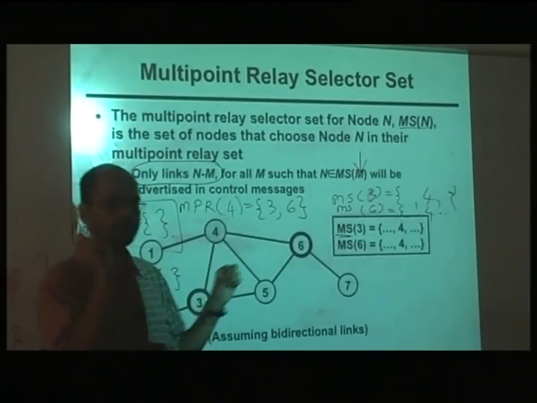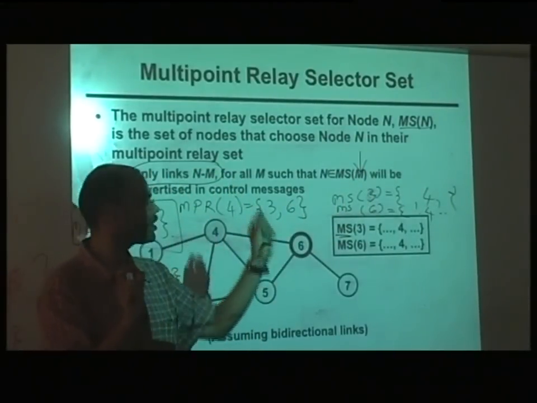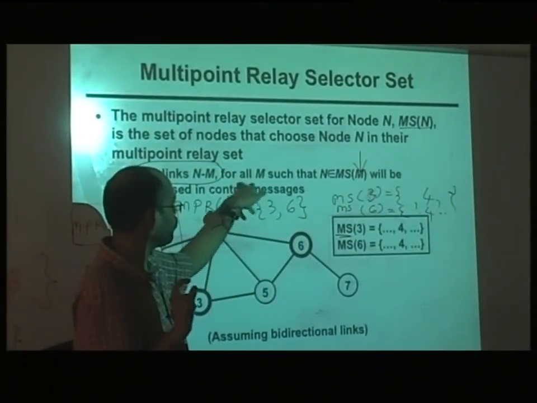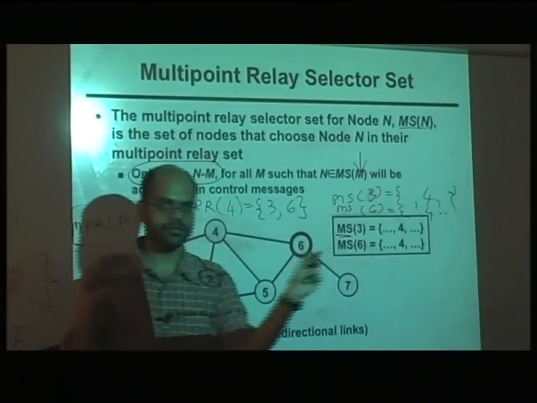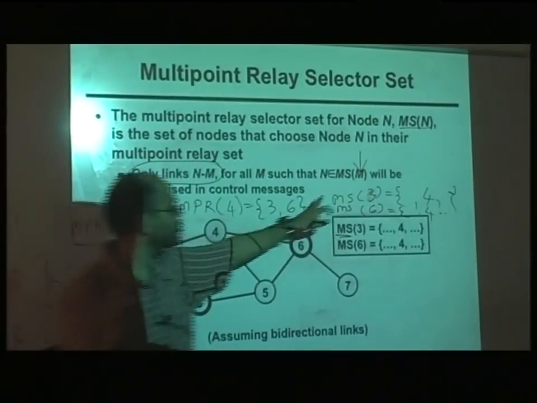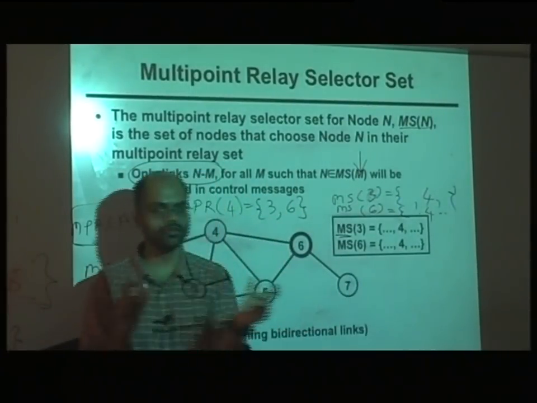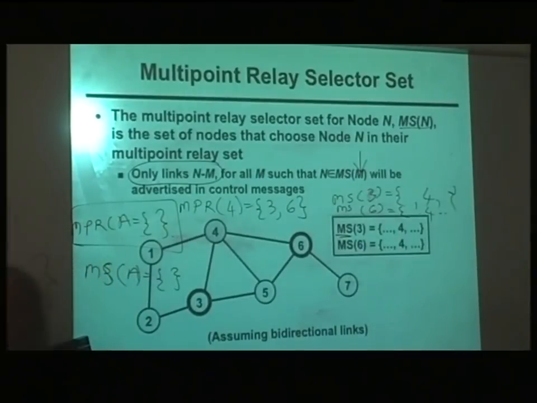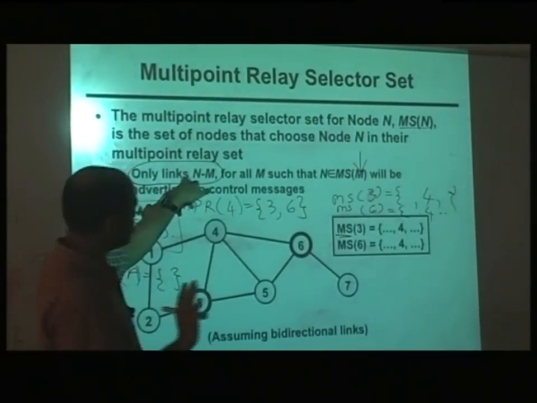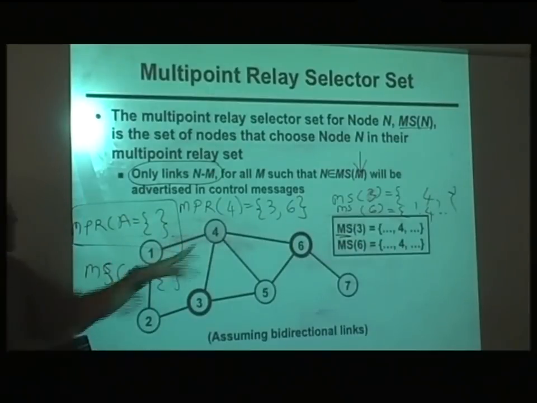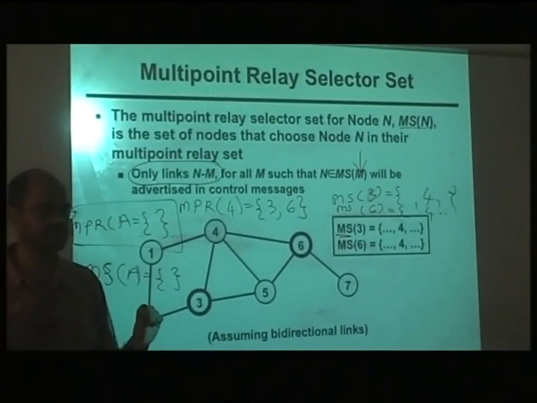Okay. So now we know M, we have found M. Now for all N, we just go through the whole set MS of M. So all the nodes who have selected M as their relay. And only links N-M will be advertised in the control message.